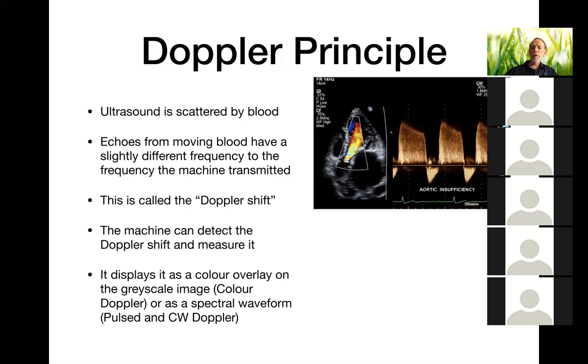And that's what's produced the waveform in the right-hand half of this image. So this tracing shows us the velocity through the aortic valve, dramatically increased velocities due to the insufficiency.